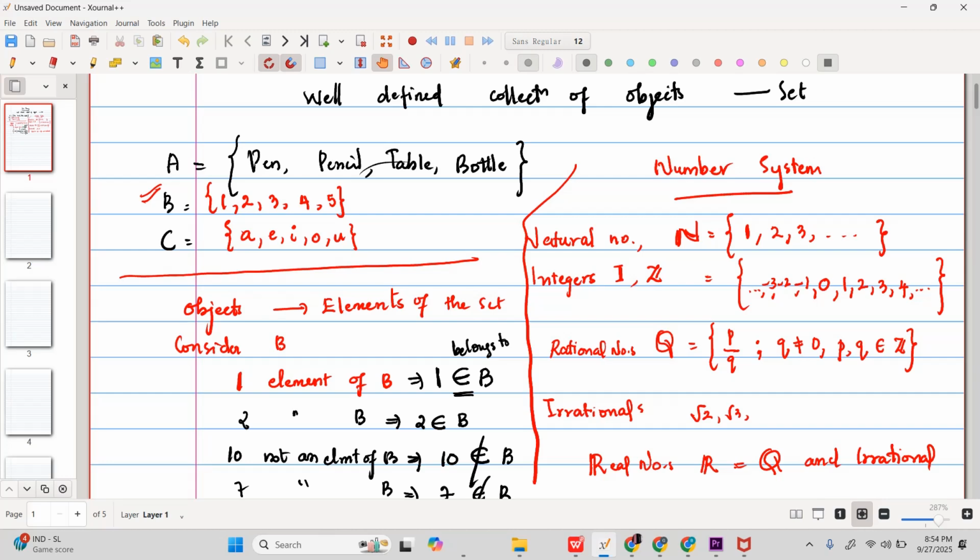This form is called the roster form of a set. Roster form. From that set we can simply say what the elements are.